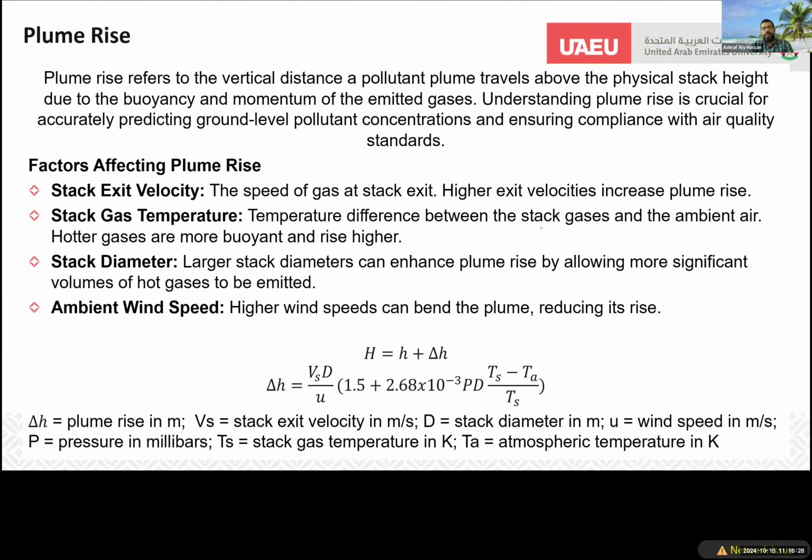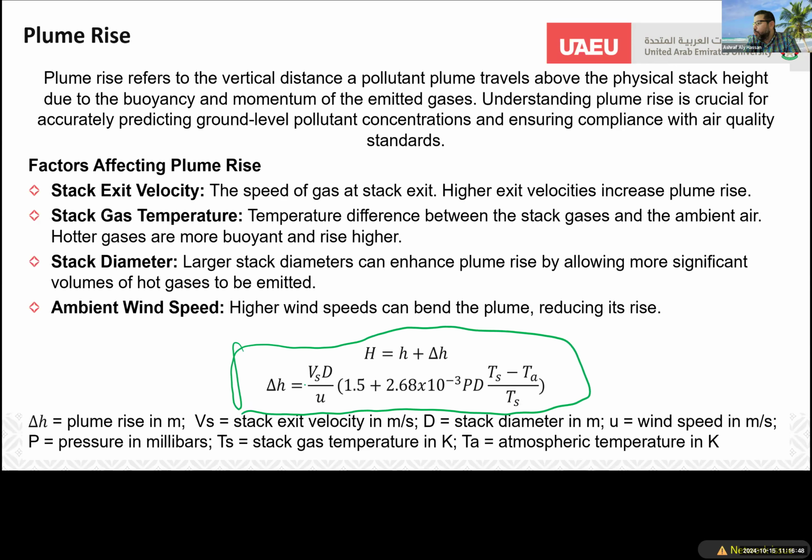The plume rise, which is the delta H, is how much it goes above the physical stack. The factors that we talked about earlier that affect it are the stack velocity, the stack temperature, the stack diameter, and ambient wind speed. And we can use this equation.